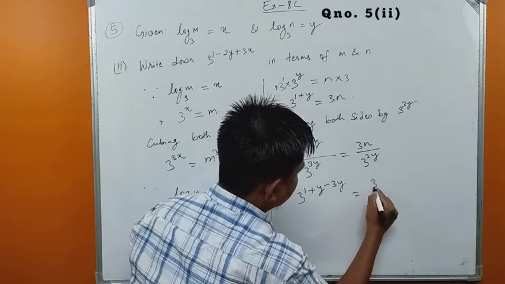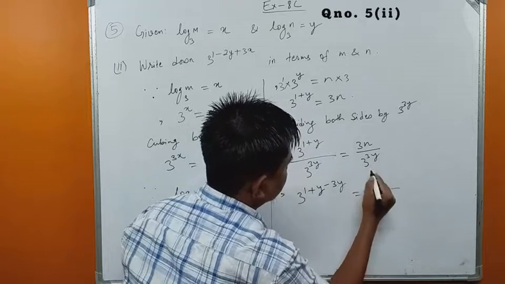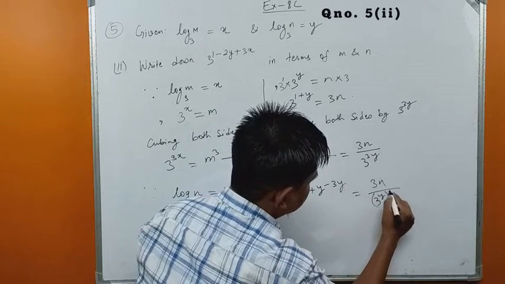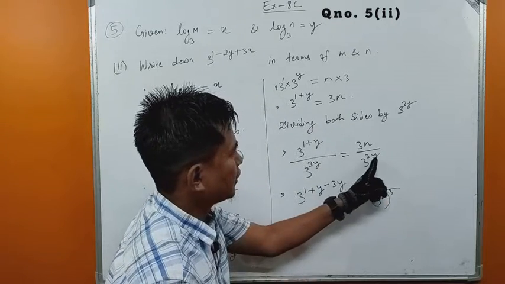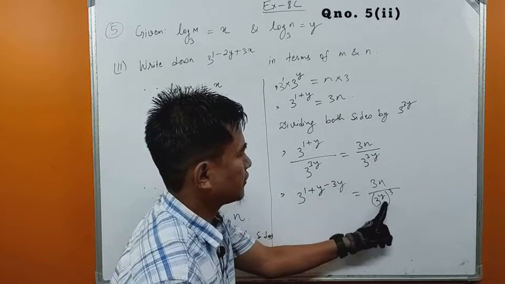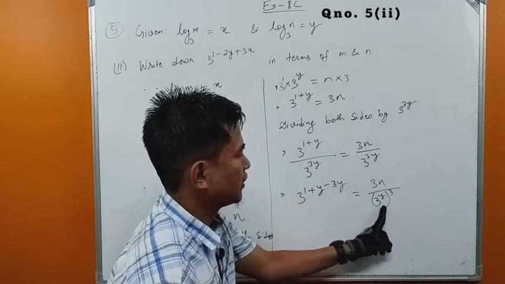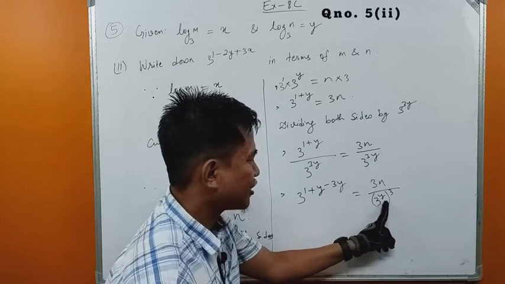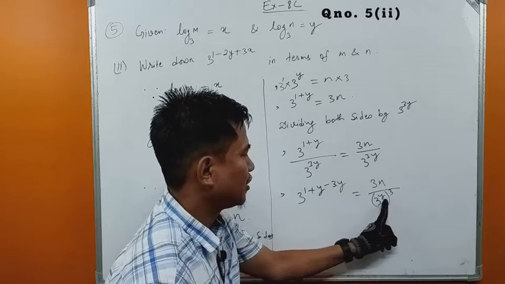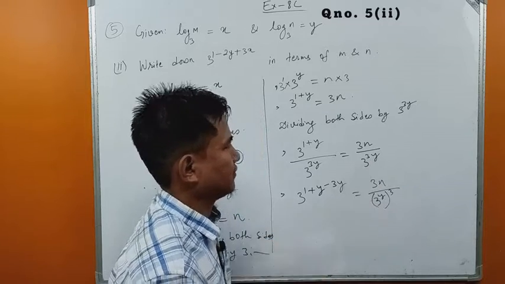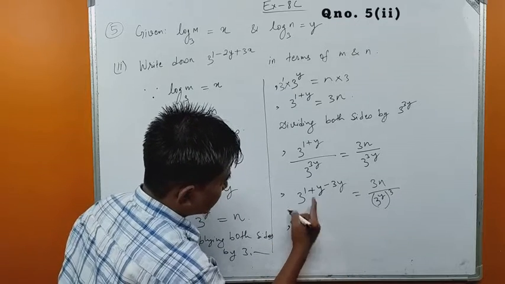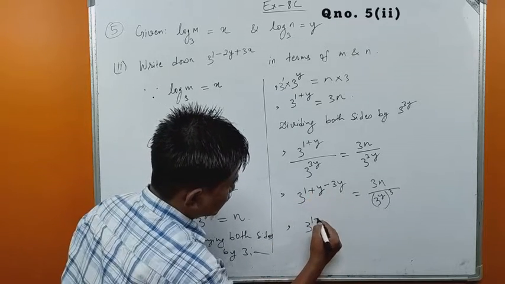Equals 3n upon 3 to the power 3y, means (3 to the power y) whole cubed. This is not 3y, it is 3 to the power y whole cubed. Y into 3 becomes 3y. Now, 3 to the power 1 plus y minus 3y is minus 2y.